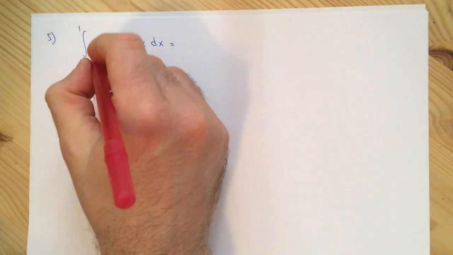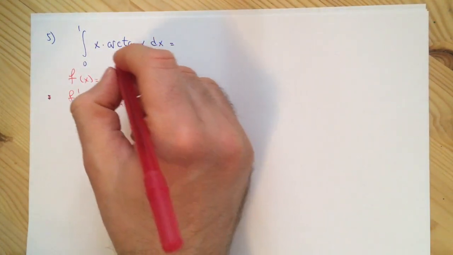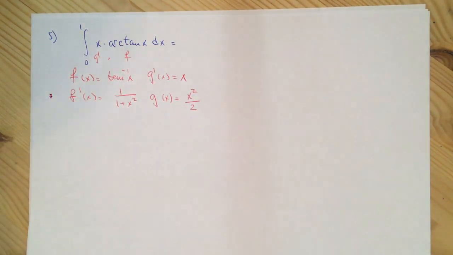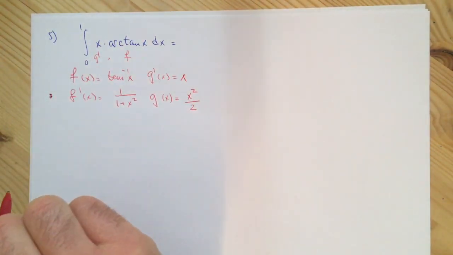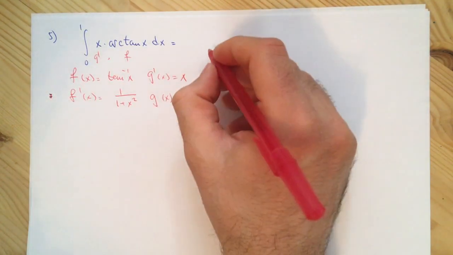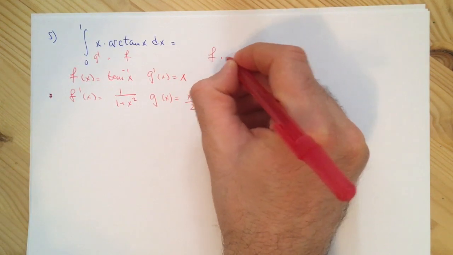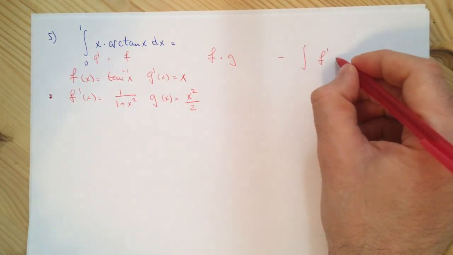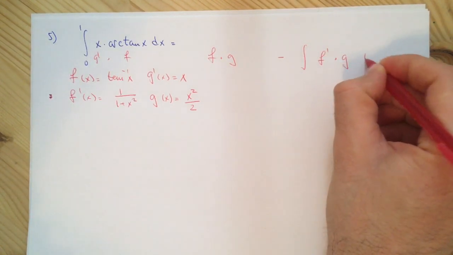Okay, so if this is the product of g prime times f, after using integration by parts, this is equal to f times g minus the integral of f prime times g dx.